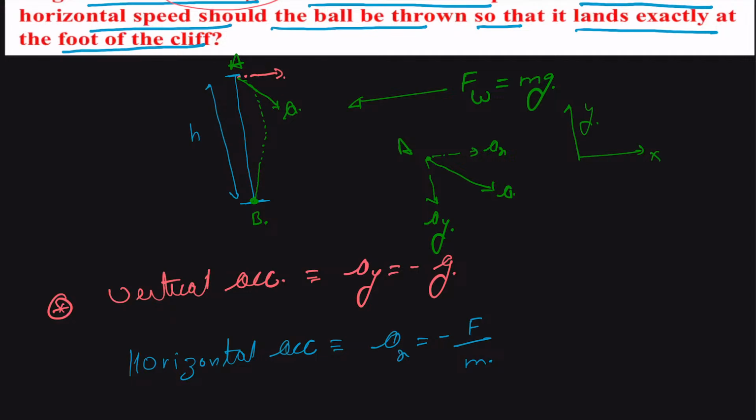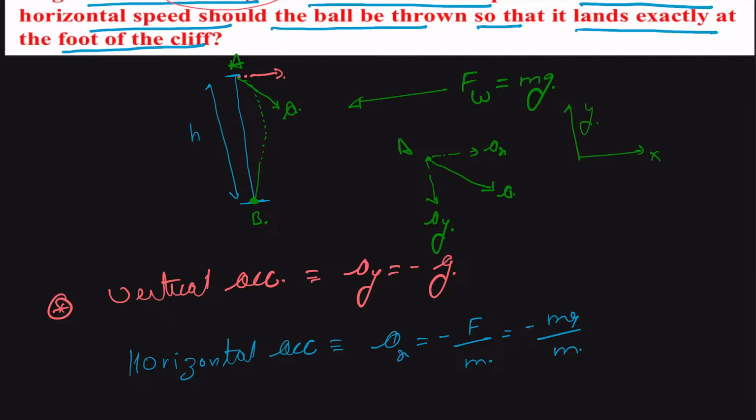The negative sign is for retardation, because the wind is in the opposite direction, and therefore it is going to retard. Okay, and this force we can substitute as mg.